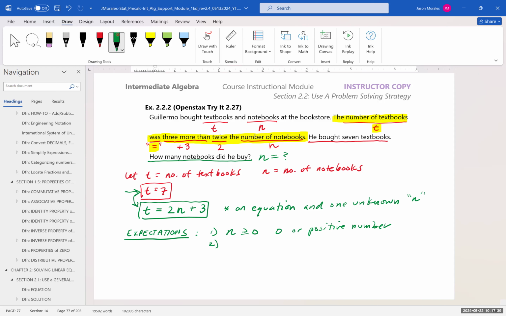And we can also expect the number of textbooks to be greater than the number of notebooks.